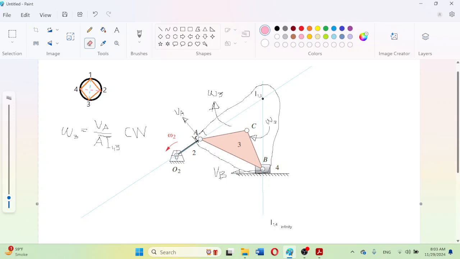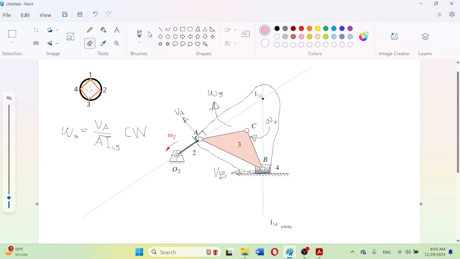This instant center I1,2 is located at point O2, which I have not shown here to save time. At infinity, I1,2 and I1,4 will meet and will be located on the same line.